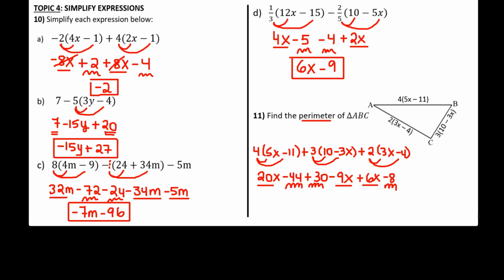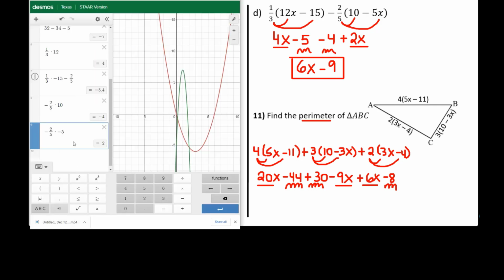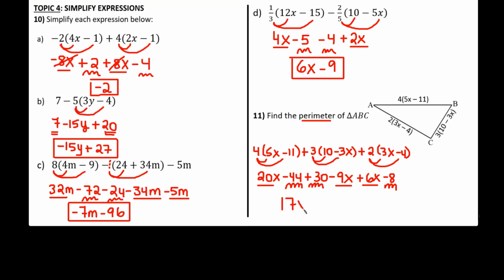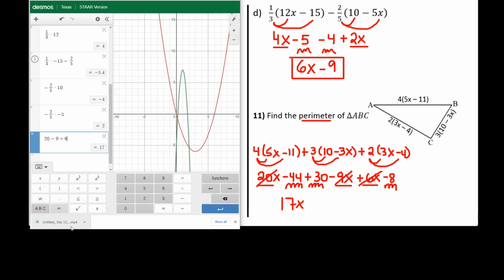So let's use the calculator this time here. So let's pull the calculator. Click a box here and we'll do 20 minus 9 plus 6. So I'm doing the numbers with x first. And I get 17. So this would be 17x. So I'm done with the x's. Now I'm going to do the numbers without x. So let's use the calculator again.